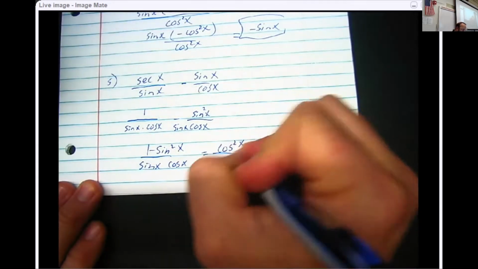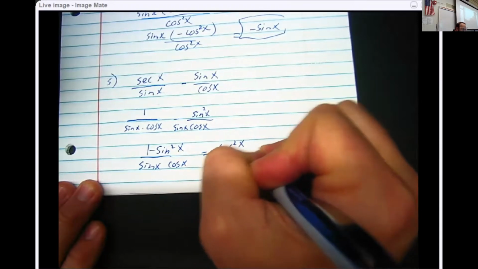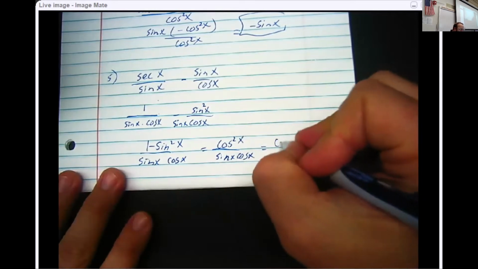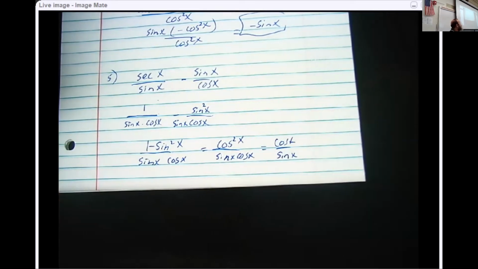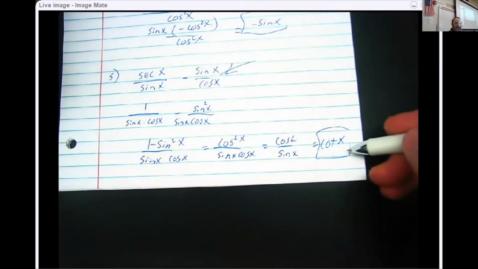Is there anything you guys could do to clean that up a little bit more? You notice anything? What can cancel now? A cosine on top with a cosine on the bottom. So if those two cancel, I'm down to here. Still have that sine, but what's cosine over sine? That's cotangent. Done.